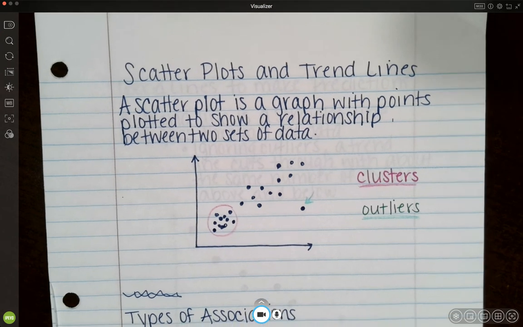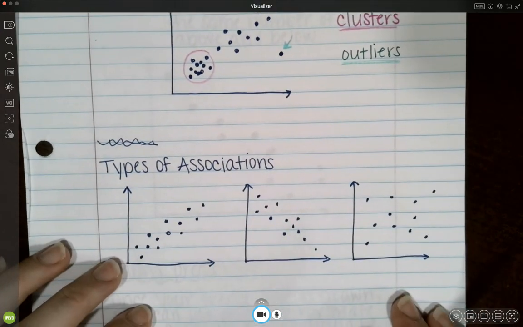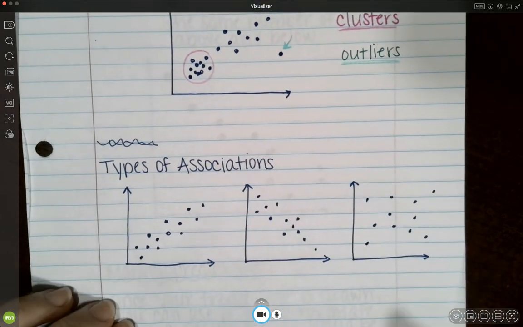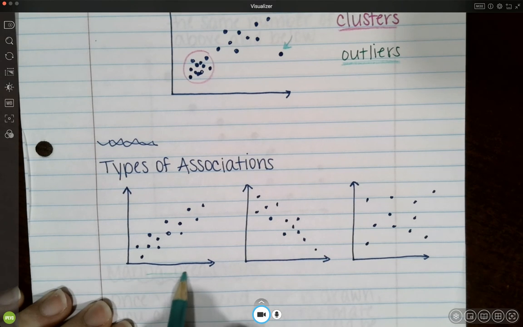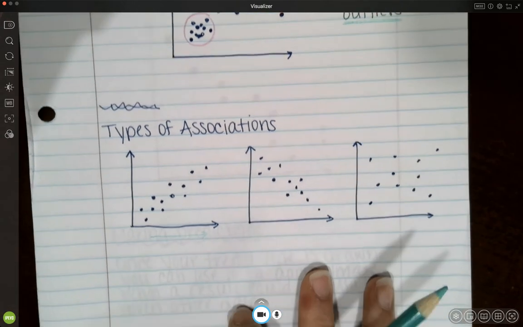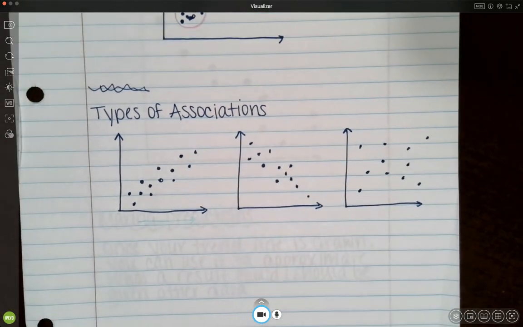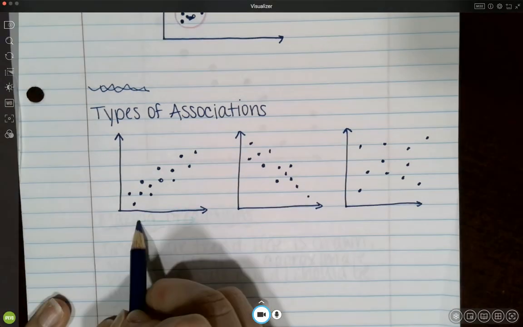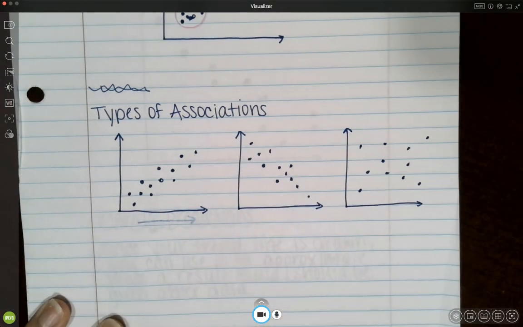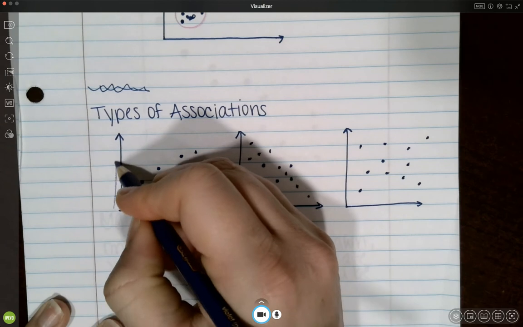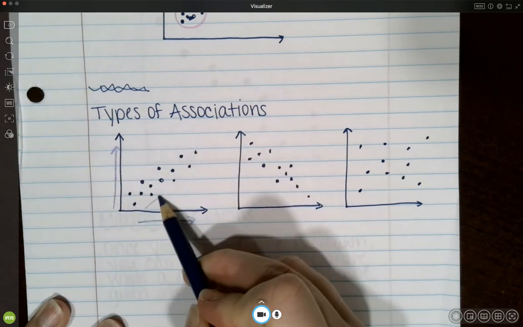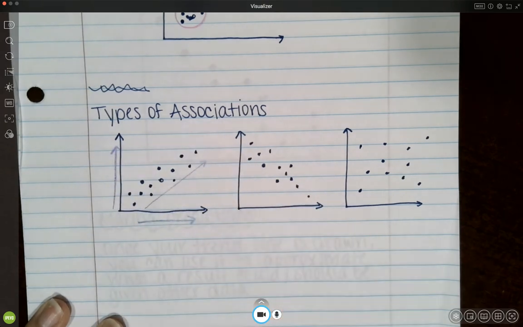Now with scatter plots, there are three different types of associations. Association means as my x moves to the right, as it increases, what's happening to the y? In this first association, as my x value increases, my y data also increases, causing an upward slope.